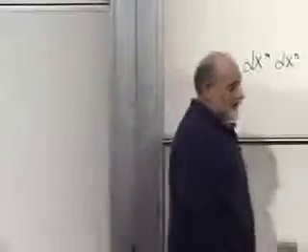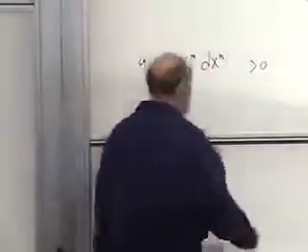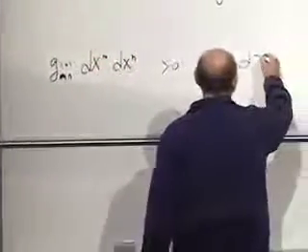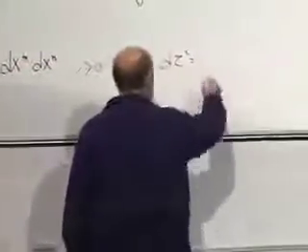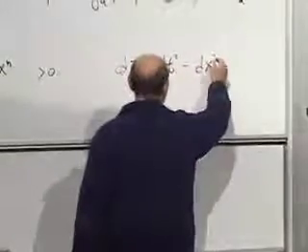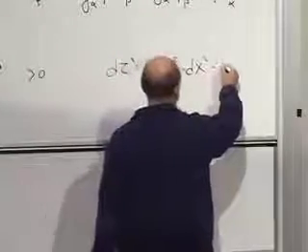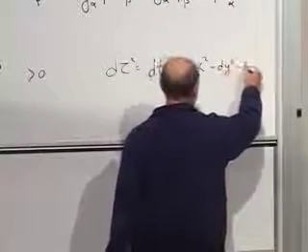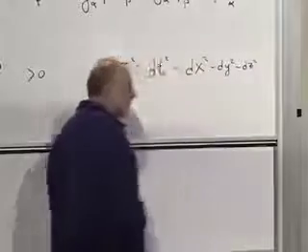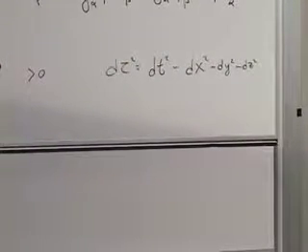Now, in relativity, let's go back to special relativity. In special relativity, d tau squared is equal to dt squared minus dx squared minus dy squared minus dz squared, for example. Now, if I want to put in the speed of light, I can put it in one of two ways.